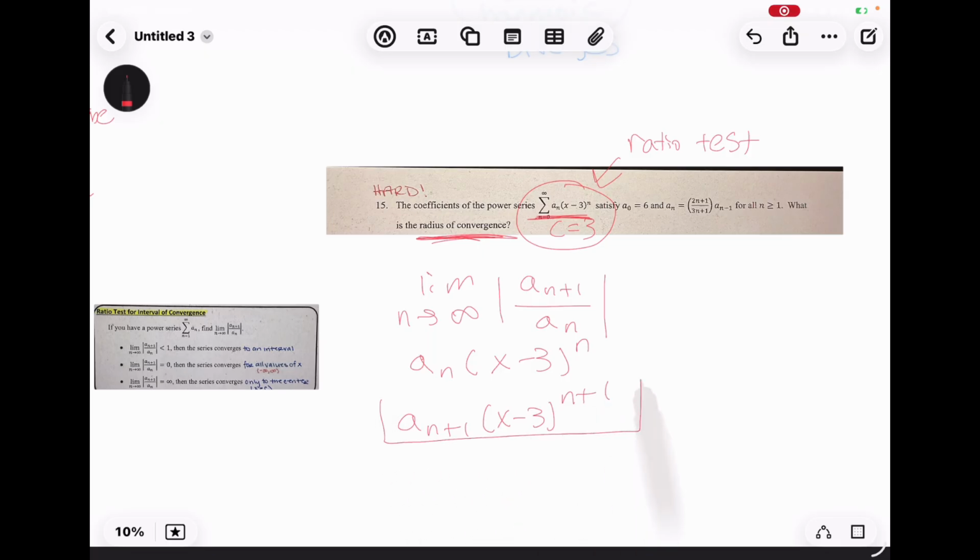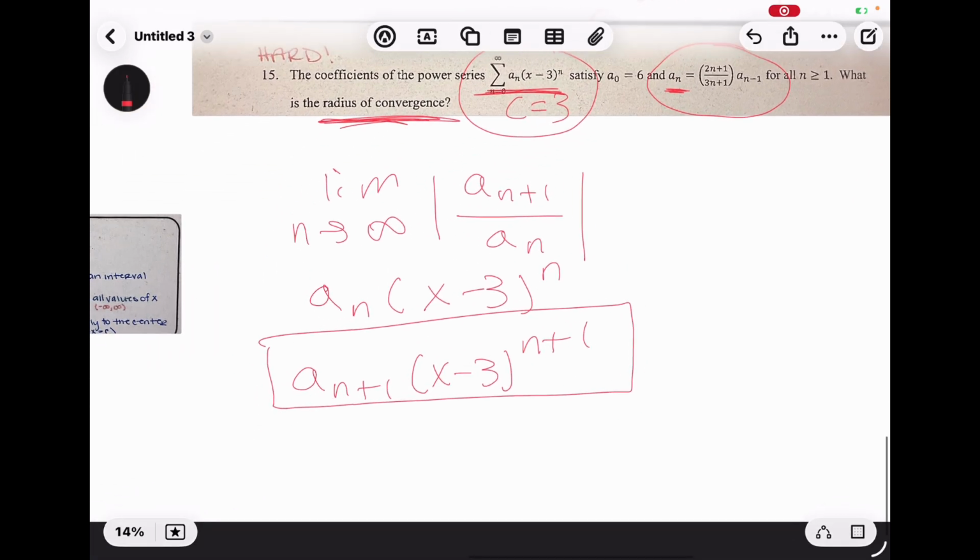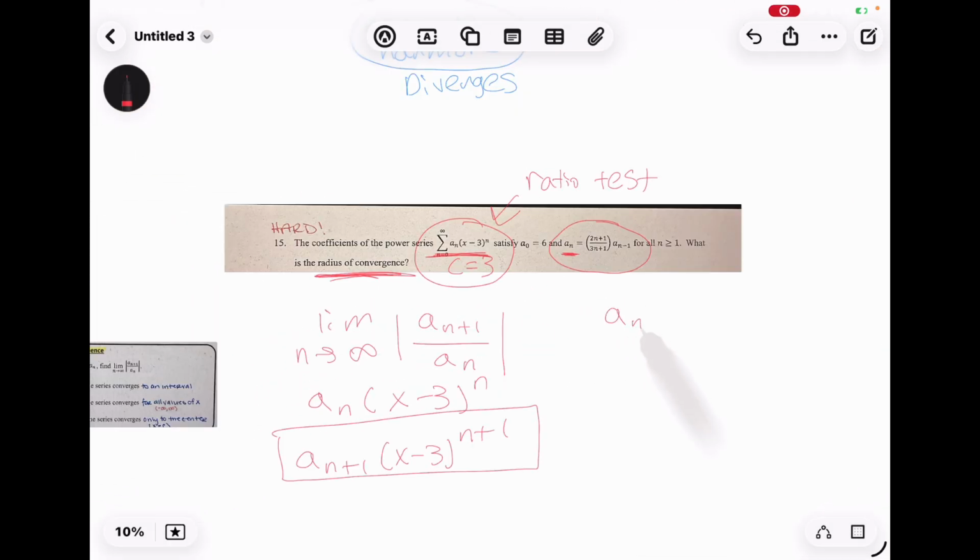That's the ratio test for that part. And now we know that a sub n is given to us, which is this part right here: 2n plus 1 over 3n plus 1 times a sub n minus 1. This equals a sub n. So that's important, right?